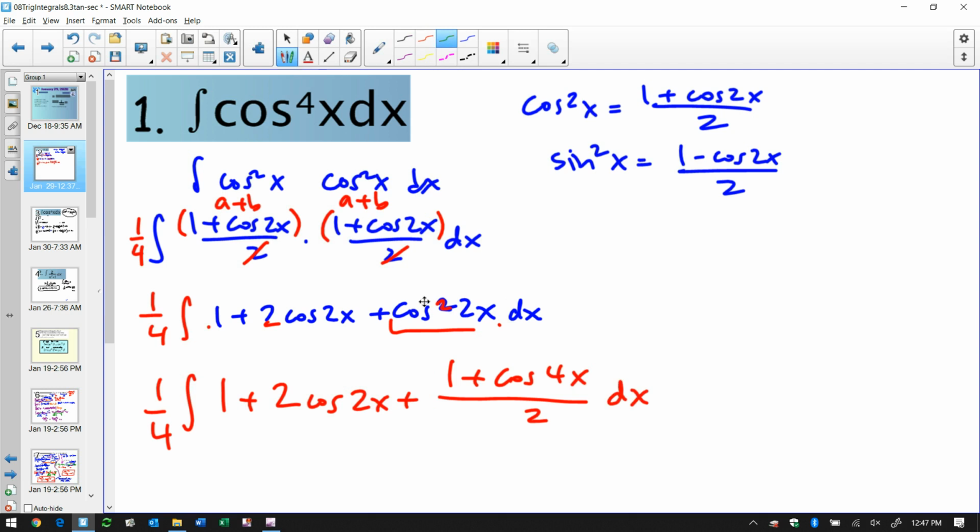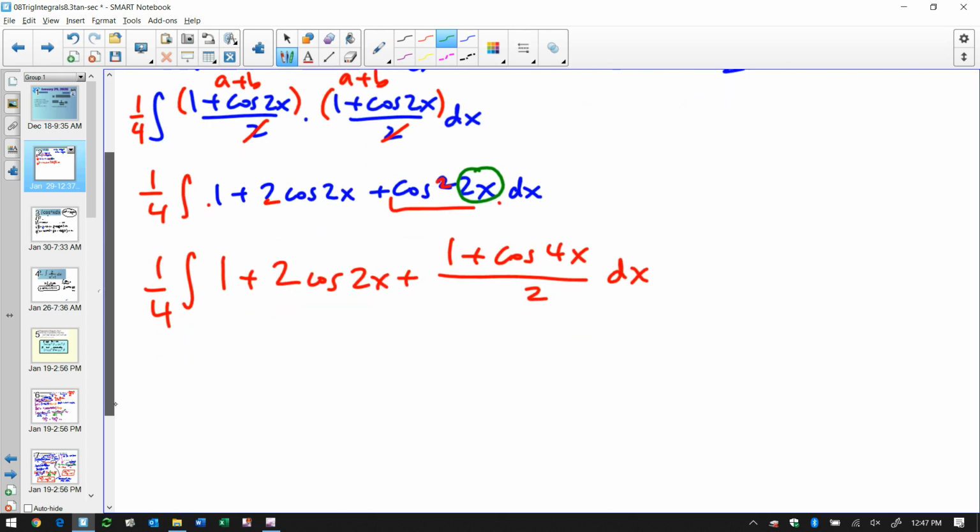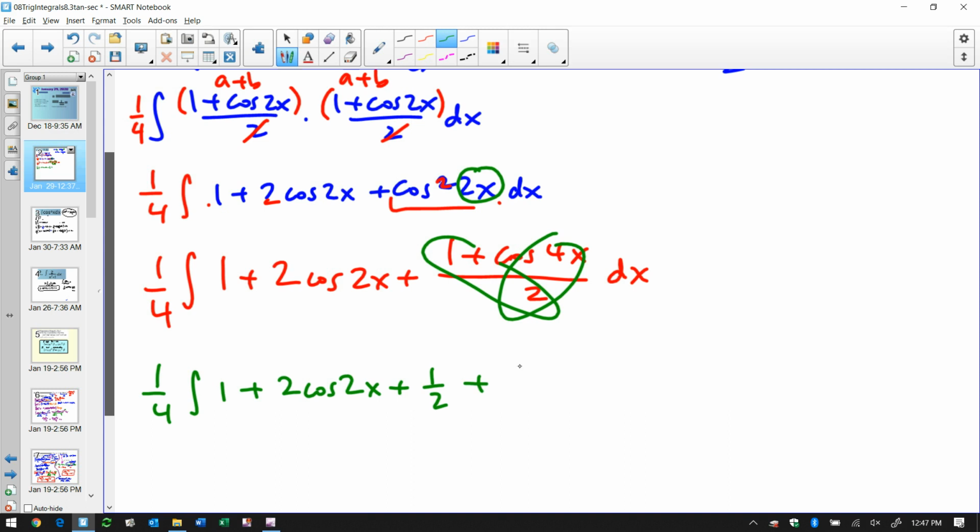All right, where did that come from? Because this x is a 2x, so this will be 2x, and that's why this becomes a 4x. Once I'm here, I can split this up into two fractions. So what I get is 1/4 times the integral of 1 plus the integral of cosine 2x plus the integral of 1/2 plus the integral of cosine 4x over 2.